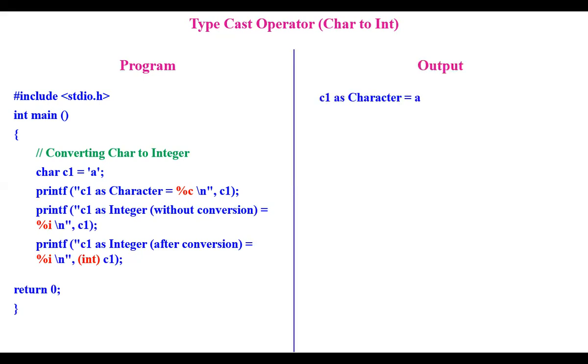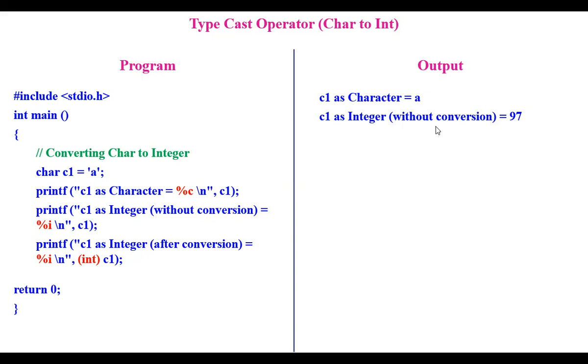We get C1 is equal to A, no problem, because I want to display it as a character. In the second printf, I have taken C1, which is a character, but I want to display it as an integer. What happened? I haven't done any conversion.